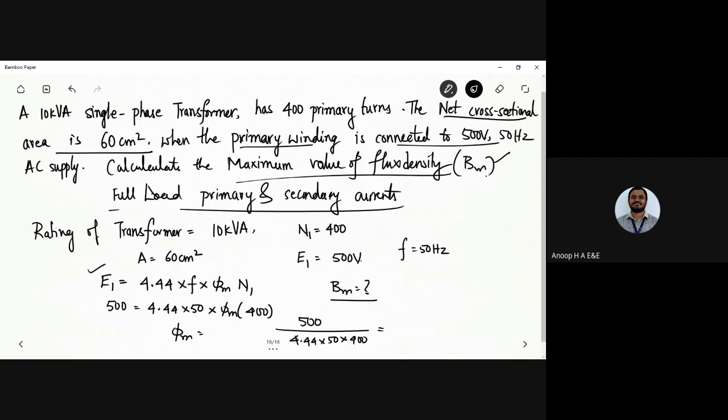Take out your calculators and start doing it. Phi m is 5.63 milliweber, the maximum value of flux.